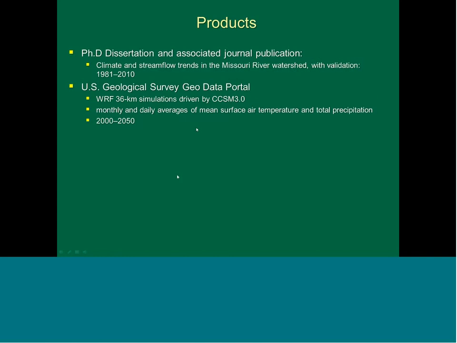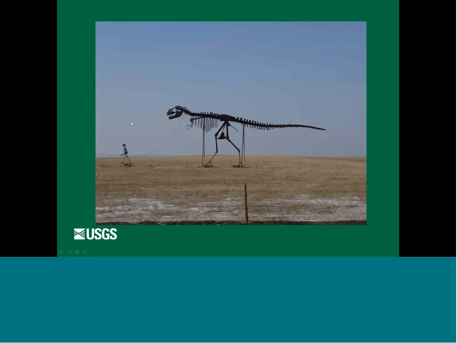We do have some data on the USGS data portal once this SIR comes out in the next month. The WRF 36-kilometer simulations driven by CCSM3, monthly and daily averages of mean surface air temperature and total precip from 2000 to 2050, will be available. We want to link that to a pub to make that available.